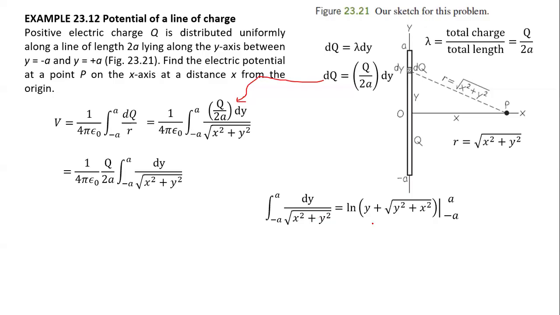The integral of dy over the square root of x squared plus y squared from negative a to a is equal to ln of y plus the square root of y squared plus x squared, evaluated from negative a to a. If you put the upper boundary here, it becomes the first term, ln of a plus the square root of a squared plus x squared, minus ln of negative a plus the square root of negative a squared plus x squared.